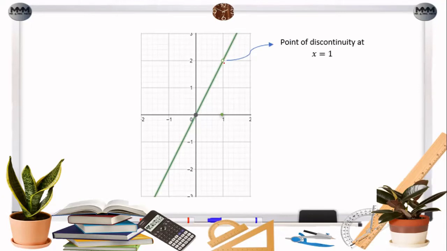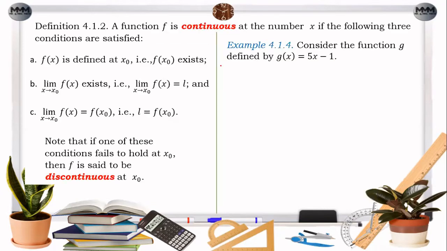So this is a point of discontinuity at x equals 1. As you can see, our line is not continuous, so it is not continuous at x equals 1. Now let's proceed to the next example.